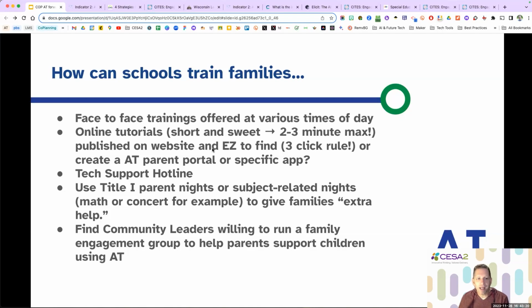Some districts have a tech support hotline, maybe using parent nights or subject-related nights, math nights or STEAM nights or concerts to give families the help they need to learn how to support their child with these assistive technologies. There was an idea about finding community leaders who are willing to run family engagement groups to help parents support children using AT.